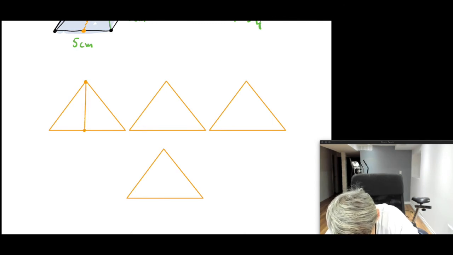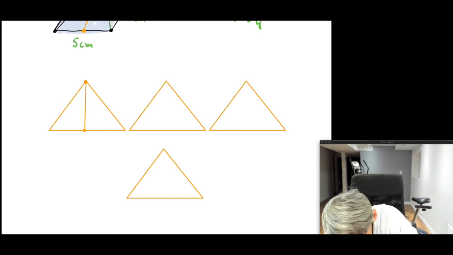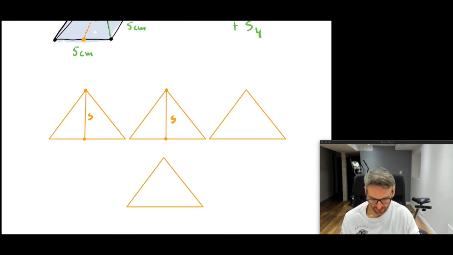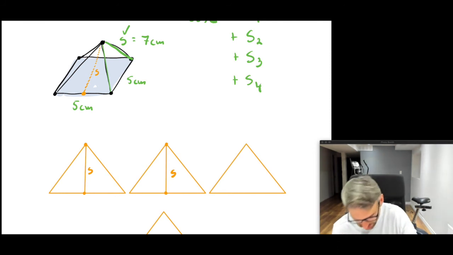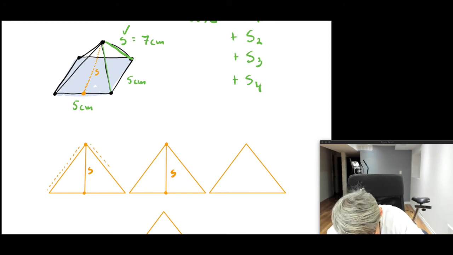That's what we're referring to as the slant. All of these would be the same. Let's say that was the 7 centimeters. You can find out what these things are as well.